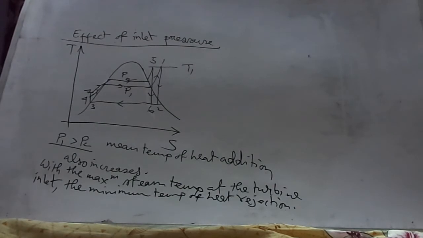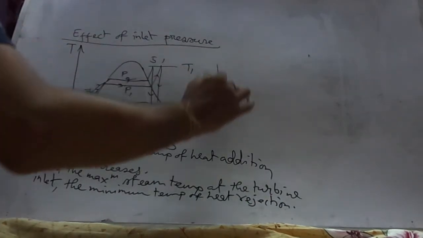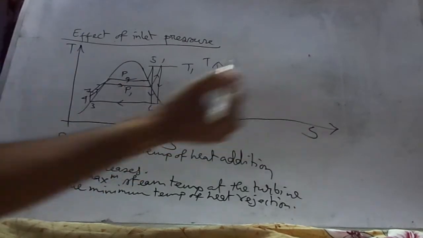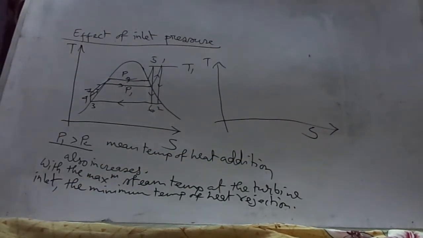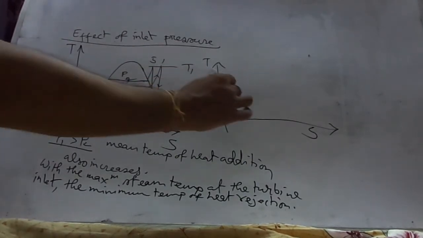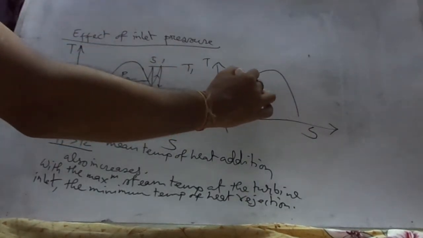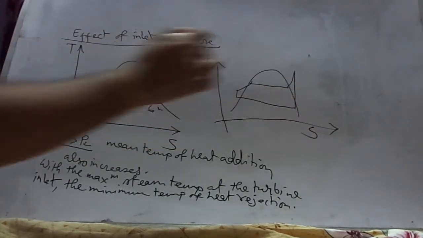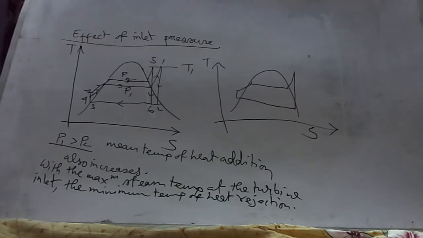The vertical line drawn from state 2 to fixed temperature T2, another one, fixing the maximum steam pressure at turbine inlet, another diagram. This is the temperature, this is the entropy S, the TS temperature entropy diagram. Points 1, 2, 3, 4.